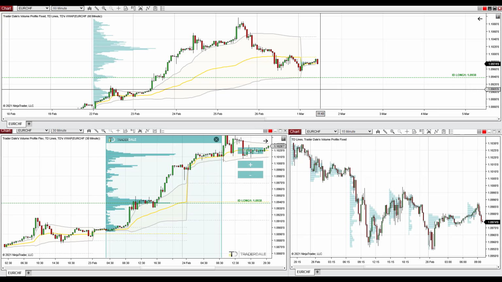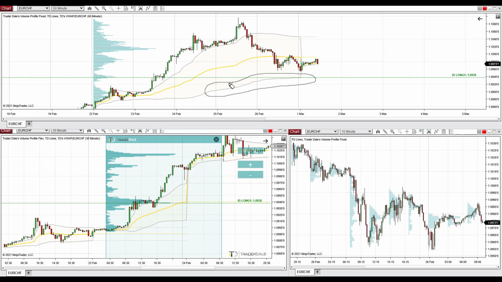There's also one more nice confluence to this level, and it's the first deviation of the weekly VWAP. That's the gray line you can see in here. This gray line is the first deviation of the VWAP. This is the VWAP, the yellow line. And those first deviations are supposed to work as support or resistance zones, all right? This is where the calculation ended for the VWAP for the previous week.